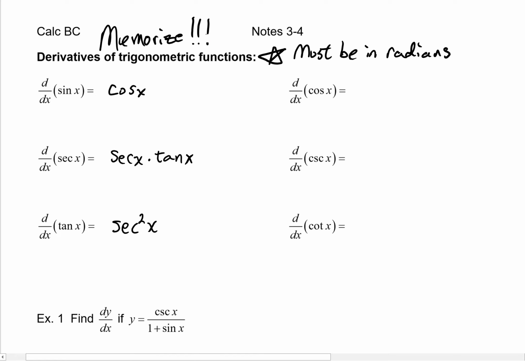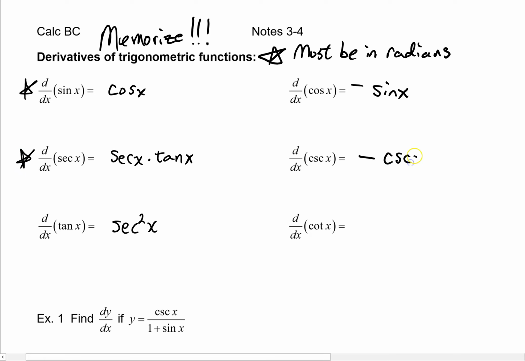Now, what you're seeing on the right-hand column, you can see these are co-functions. We have the derivative of cosine, and you can see that when we took the derivative of sine, we got cosine. When we take the derivative of cosine, we'll get the opposite of sine. When we take the derivative of cosecant, we'll get the opposite of, much like what you're going to see right here for the derivative of secant, it was secant tangent.